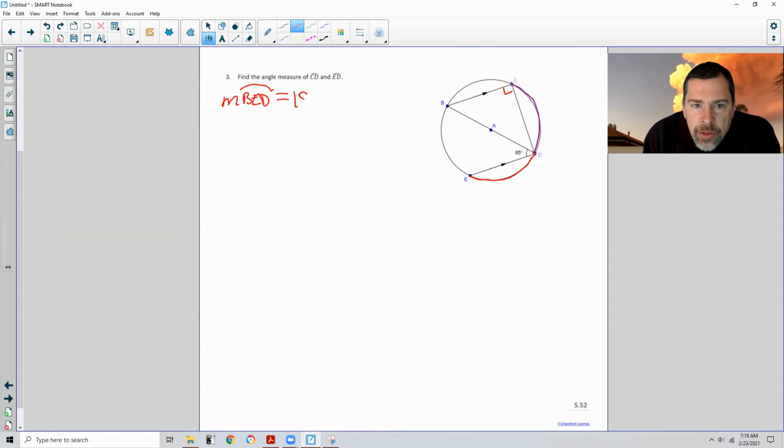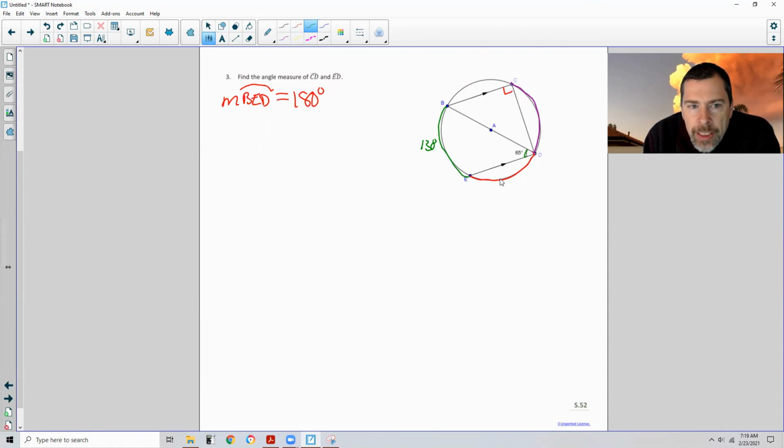You double that, so that's half the circle. So BED is 180. This 65 degrees right here is an inscribed angle. So this arc right here is twice 65, which is 130 degrees.